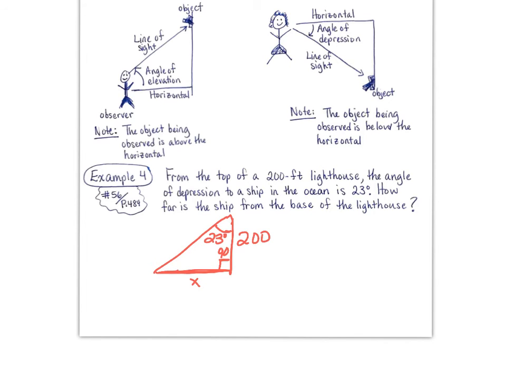This is where knowing the ratios come in handy, okay? That's why I was trying to apply them in the previous examples. Knowing your ratios is very useful. Tangent is equal to what over what? Opposite over adjacent. So tangent of 23 degrees is what over what? X over 200?